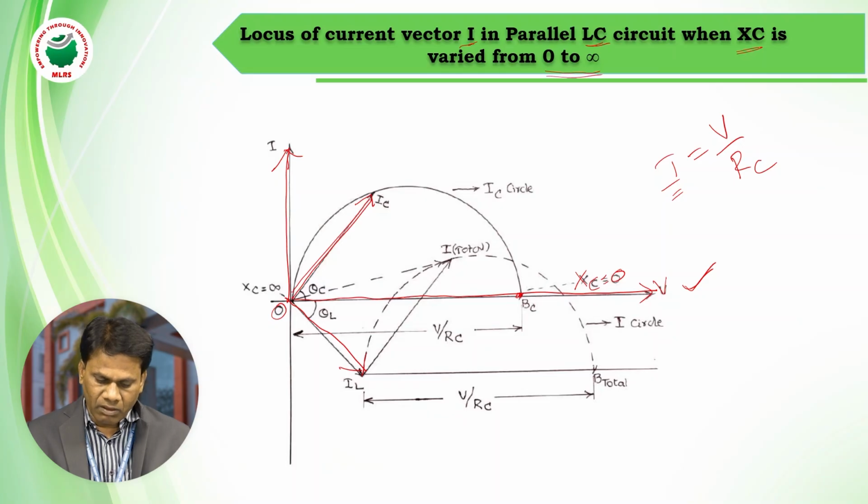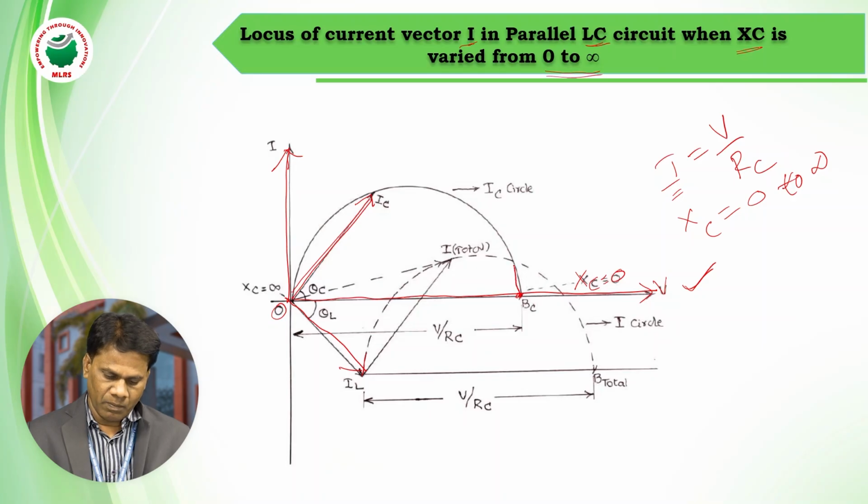If we vary the XC value from 0 to infinity, this is the current path traced by the variable current vector.